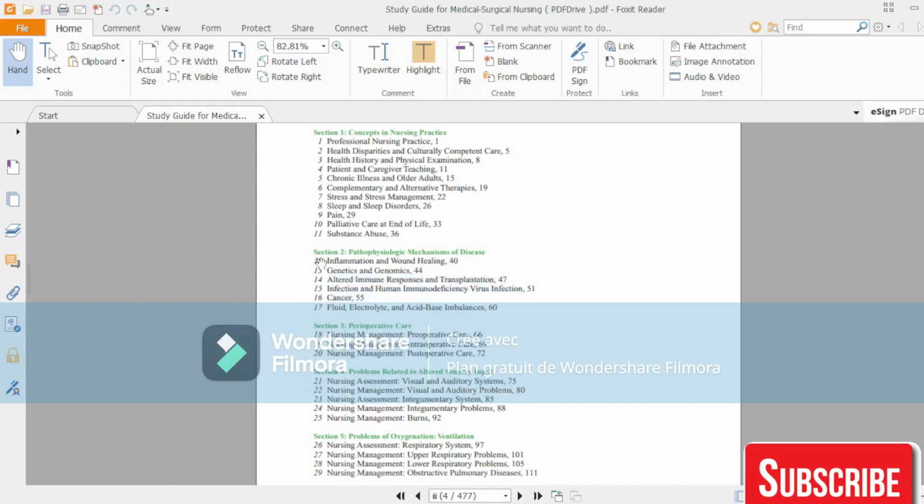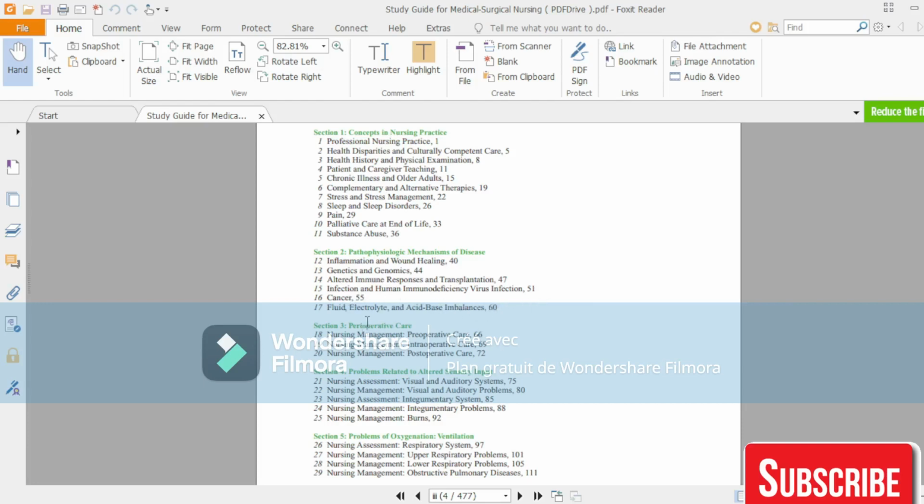Moving to the second section, which is the pathophysiologic mechanisms of disease. We have the inflammation and wound healing, the genetics and genomics, altered immune responses and transplantation. Also, we have the infection and human immunodeficiency virus infection.